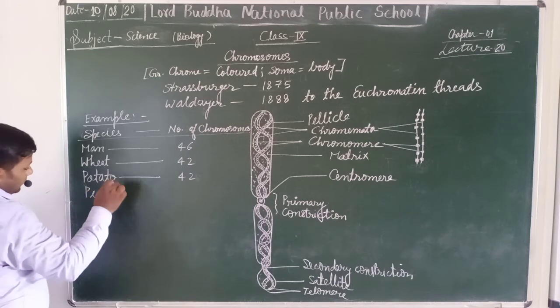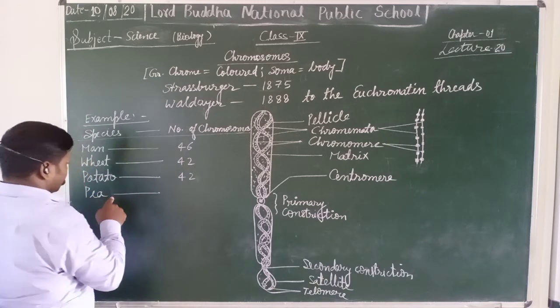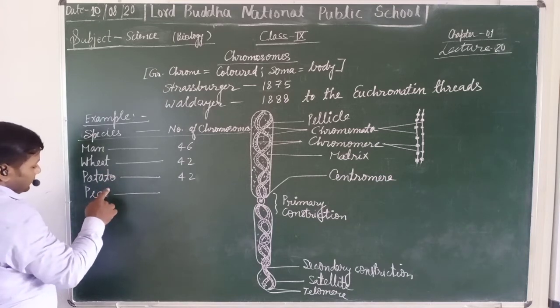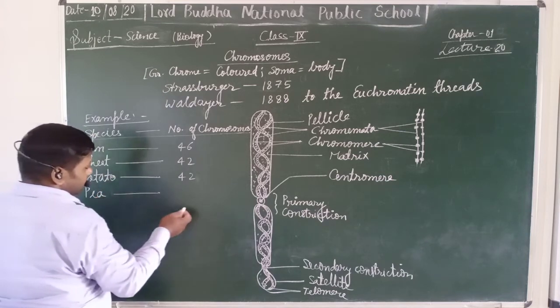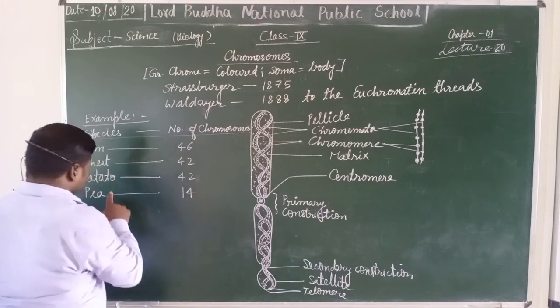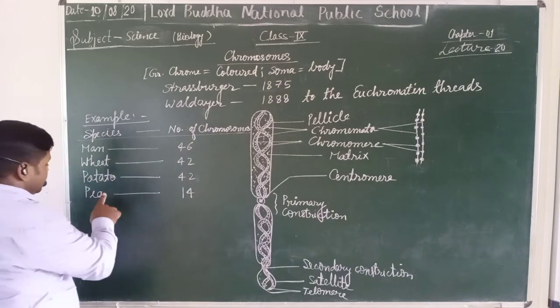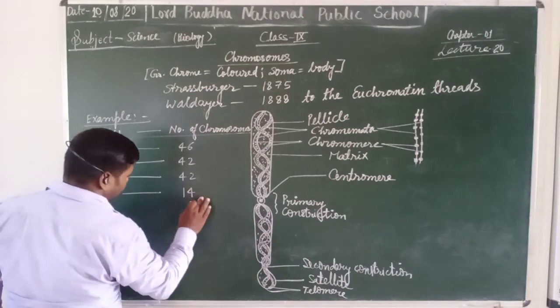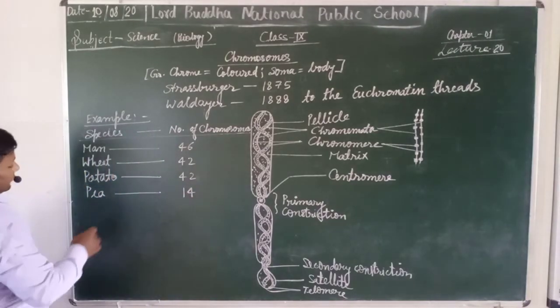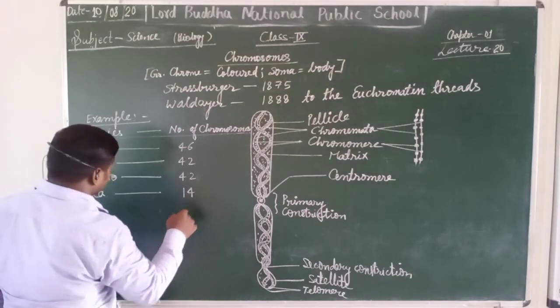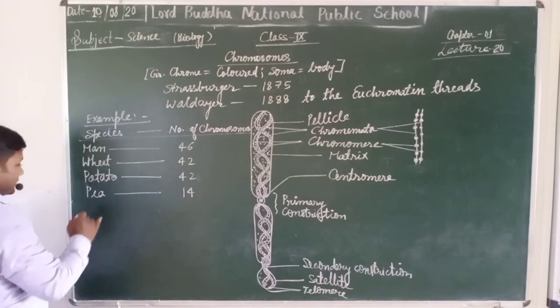And if we are talking about the experimental material of the father of genetics, Gregor Mendel, then we find that there are 14 chromosomes present in Pisum sativum, or you can say garden pea. Yes students, 14 chromosomes are found in garden pea, whose botanical name is Pisum sativum.